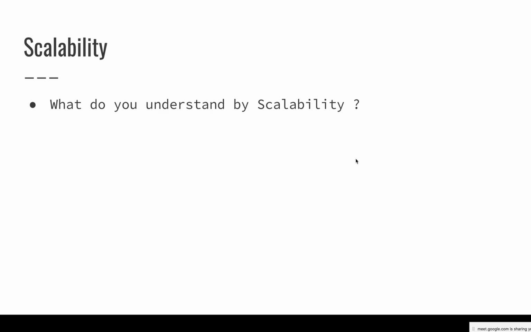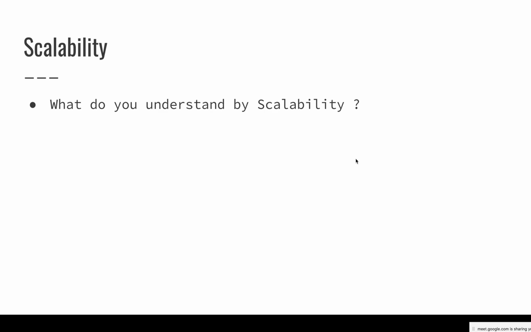Okay, so Vinu has asked a question. Vinu, I'll tackle your question in the last part of the session. Let's park it for now. Okay, so Ashish is saying scalability means handling high throughput. Aman is saying it should respond properly for a higher number of requests. Ashish is saying lots of requests per minute.